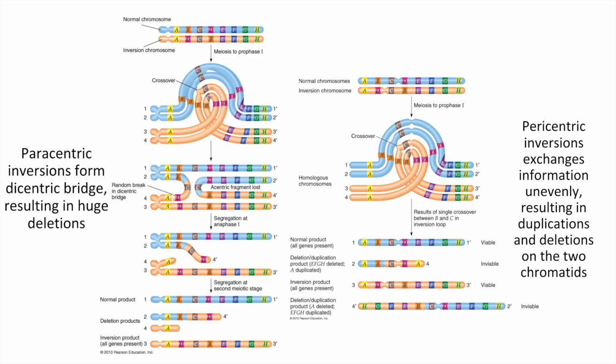Paracentric inversions form a dicentric bridge, resulting in large deletions. Pericentric inversions exchange information unevenly, which results in duplications and deletions in both chromatids.